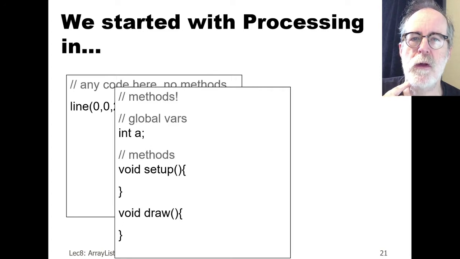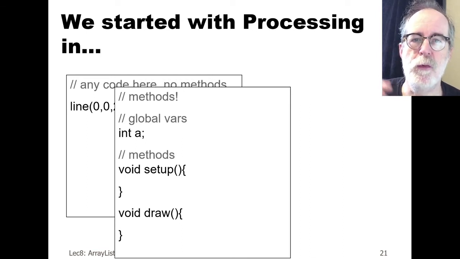The next mode of Java we introduced was where you declare methods. And in that situation, you're no longer permitted to have code out in the global area that is intended to be run in the general area.